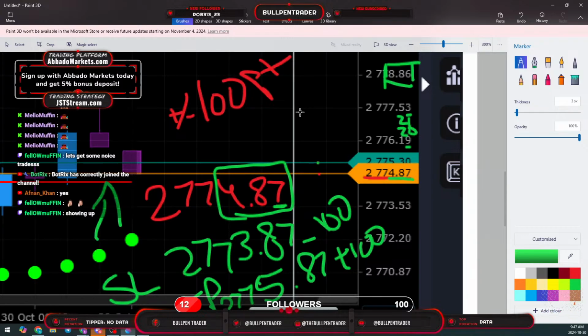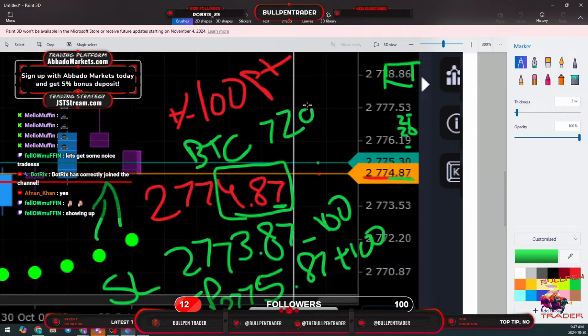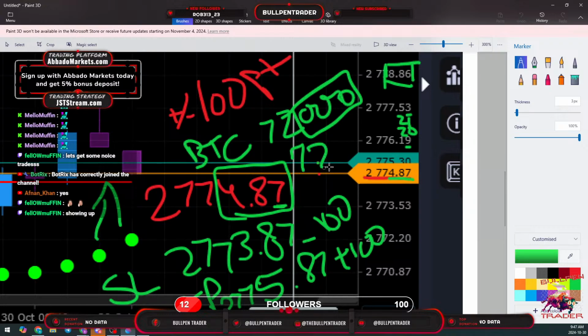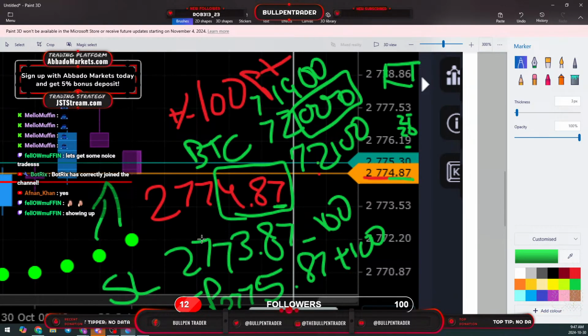Let's say BTC is at 72,000. You have to worry about these last three. If it goes to 72,100, that's 100 points. If it goes to 71,900, that's 100 points. All right. So with Bitcoin, you look at the last three. With this, you look at the last three as well.